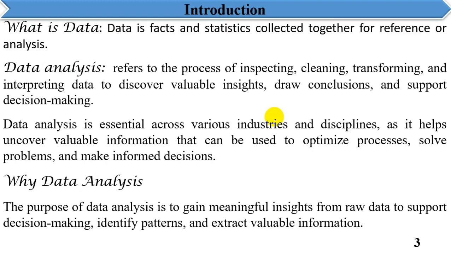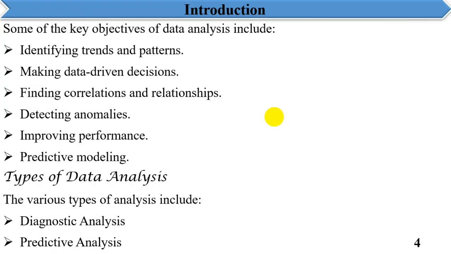We are looking at data analysis as a process of inspecting, cleaning, transforming, interpreting data to discover valuable insights, draw conclusions, and support decision making. This already tells you why we are conducting data analysis. Then we have other objectives of data analysis, and the types of data analysis, which you can equally get online.